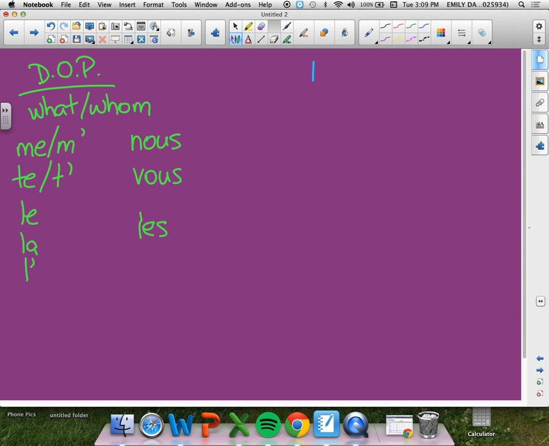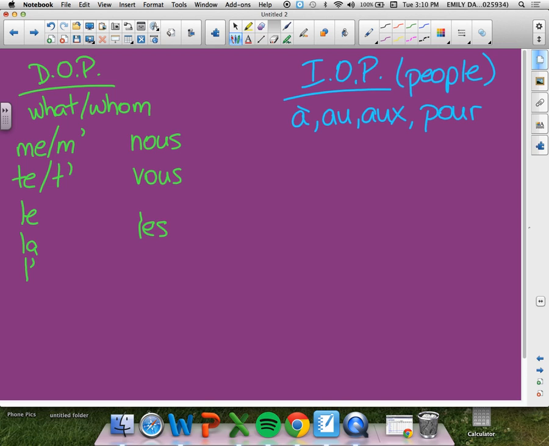And remember, your indirect object pronouns deal with people, and you're going to look for forms of à, which can be à, au, and aux, and you might even see pour, which means for. And these are always going to be people. And your pronouns are me, te, lui, nous, vous, and leur.